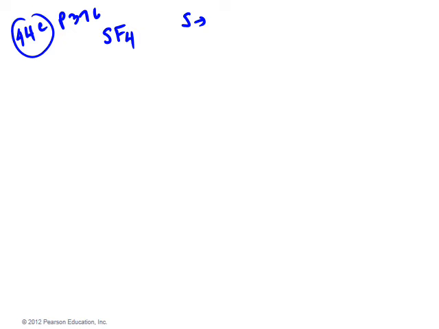So sulfur has 6. Each fluorine has 7 because it's from group 7A, and there are 4 such fluorines. That's 28. Altogether, you must have 34 electrons. I must account for these 34 valence electrons.